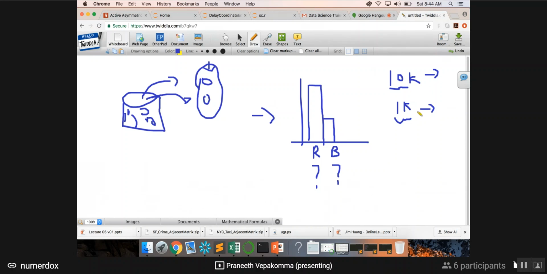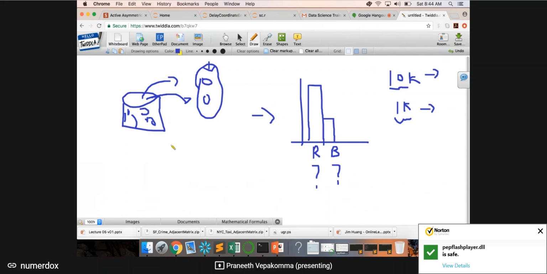This is the population answer, this is the sample answer, and you want them to be as close as possible. So what bootstrapping does is, instead of computing the proportion on all the 10K balls, you take a subsample with replacement. Sorry, what I showed you earlier was without replacement. With replacement means it takes a ball, puts it back again, and you just note down what you took.